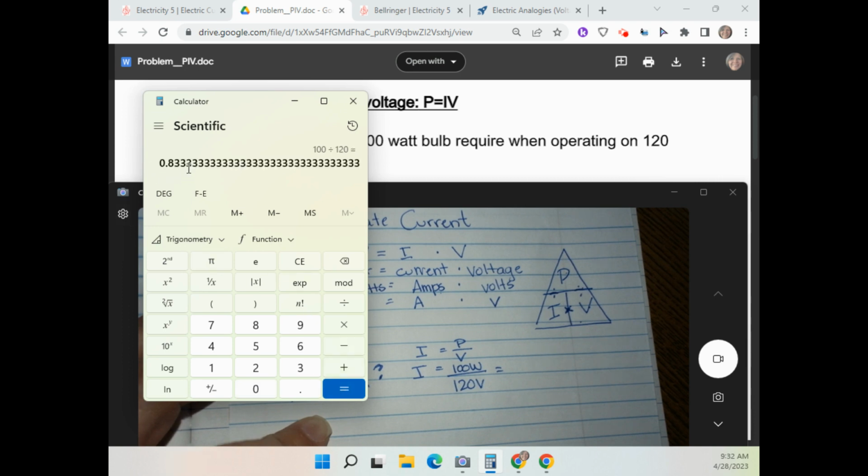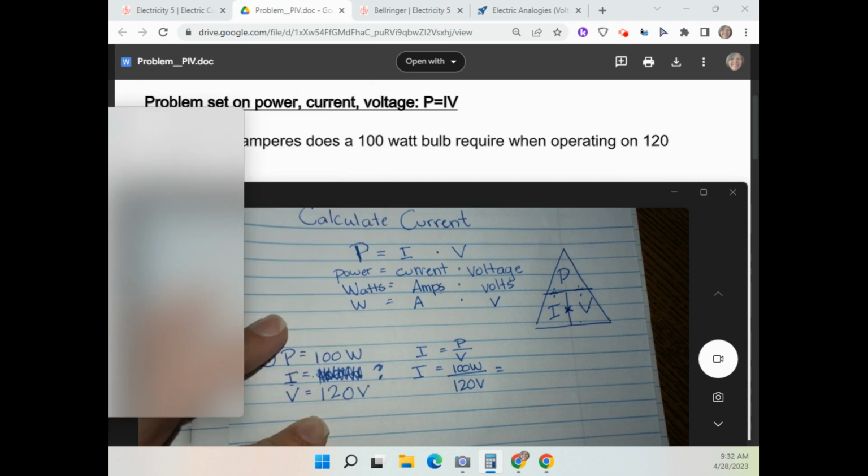So 0.83, we can round it off. And if we look at our significant digits, we know that we really only have one significant digit with our power number. So we could round off to just one significant digit of 0.8.